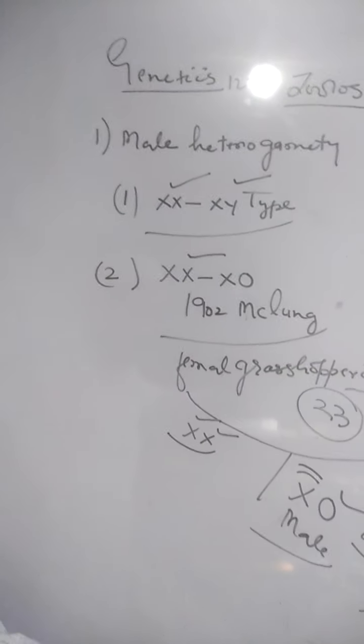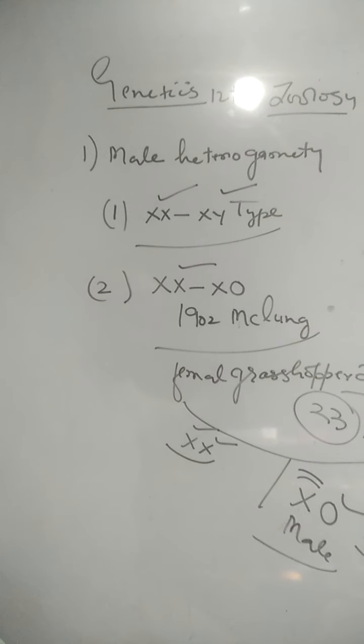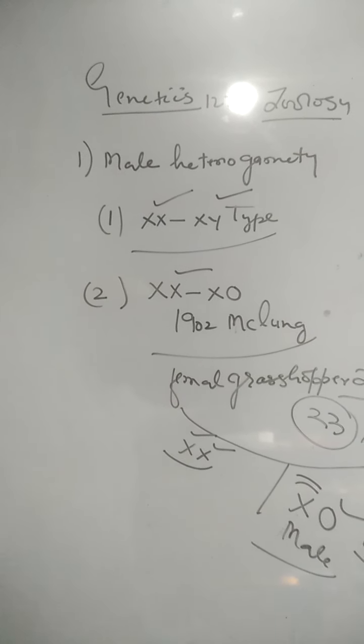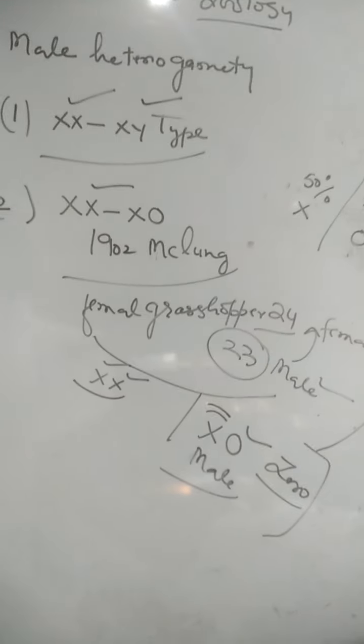This is synonymous with human beings, in which females contain the XX combination and males contain the XY combination. That is all about male heterogamety. This was the second method of determination of sex in different insects after the XX and XY type. That's all.